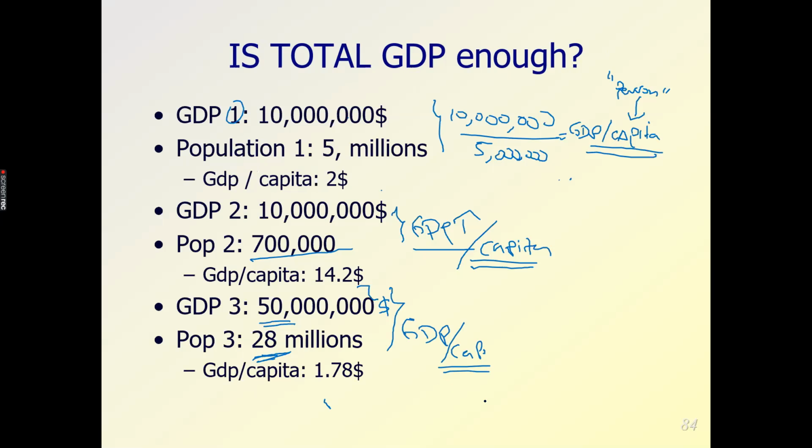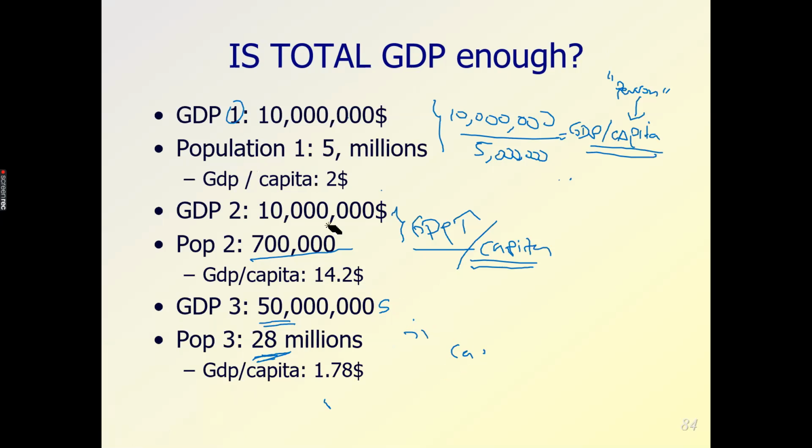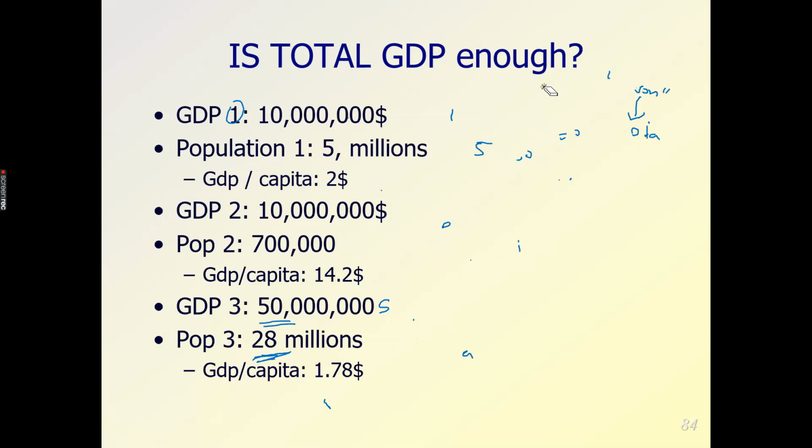Because dividing the GDP over population, if we were distributing evenly everything that is being produced, now in country 2 each citizen will receive $14.2 per year or per month or whatever we are measuring it. Compared to the other one that is 1.78 and the other one that is only $2.